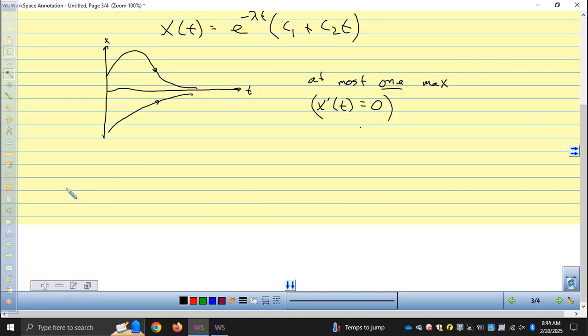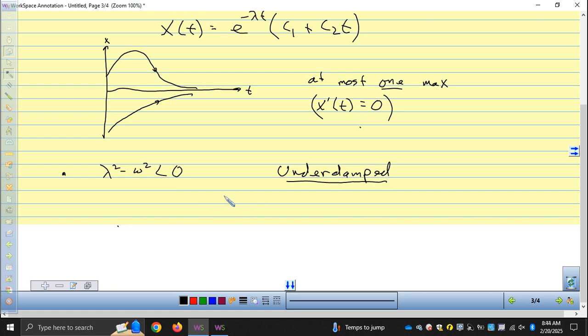And then finally, if we have lambda squared minus omega squared less than 0, so we get a negative quantity under our radical, we call this underdamped. And this is when we get oscillatory motion, because the imaginary portion gives us the sines and cosines in our solution.